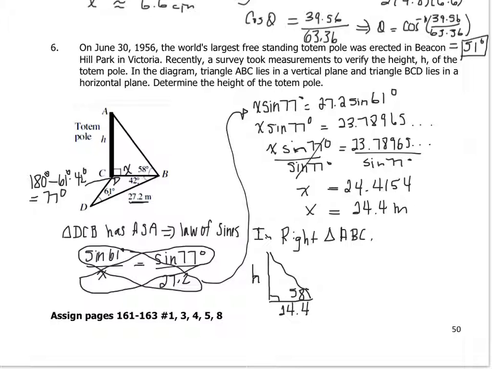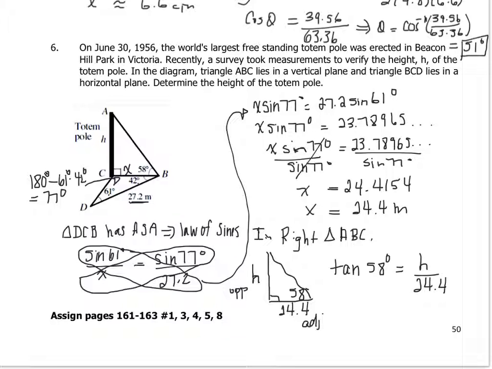So this would be the opposite and the adjacent sides of that right triangle. So we would use tan. Tan of 58 degrees is opposite, h, over adjacent, which would be the 24.4.